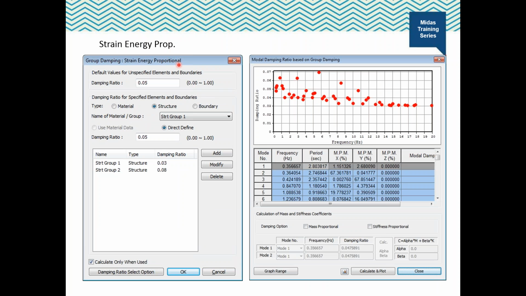For example, the damping ratio for some part of structure is 0.03 and the other part is 0.08. Then, we define different damping ratios for different parts using the group damping function and select strain energy proportional method. After performing analysis, we can check the calculated damping ratios for each mode like this.